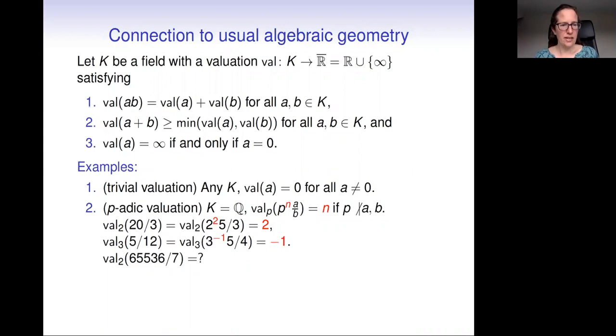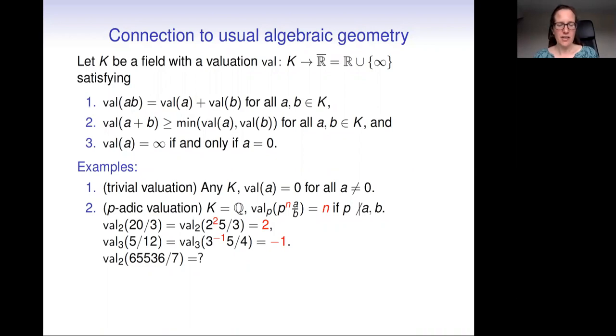And yes, from the valuation axioms, two exercises, which if you come to the problem session you will do tomorrow: the valuation of a is the valuation of minus a.